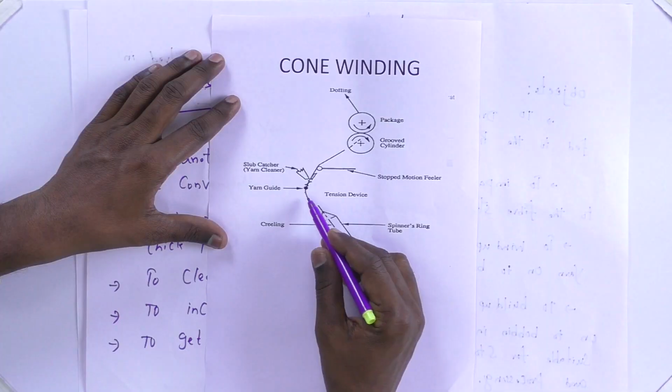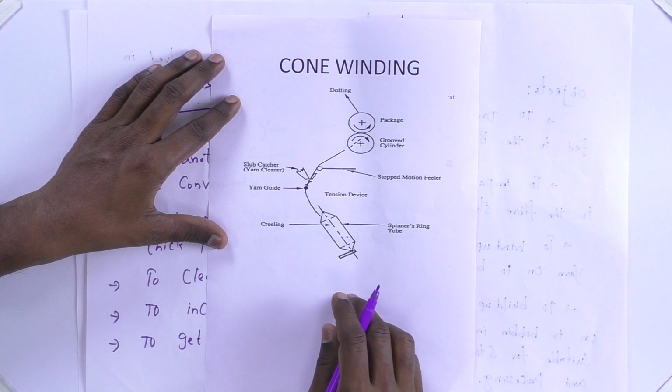Here the yarn is passed through the yarn guide, and it reaches the tensioner. The tensioner is a weighting arrangement which is used to avoid thick places or thin places present in the yarn. Normally tensioners are used to remove the thin places. The weight of the tensioner is based upon the count of the yarn.